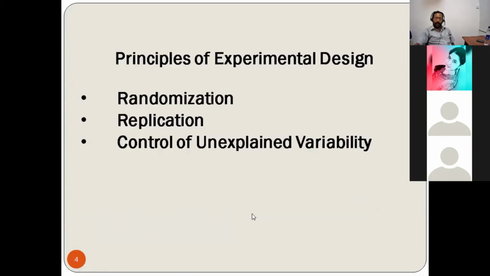Any questions? One more thing I need to remind you regarding the statistical table. I hope all of you have a statistical table, isn't it?